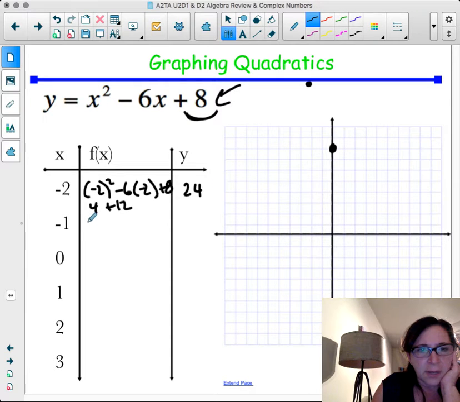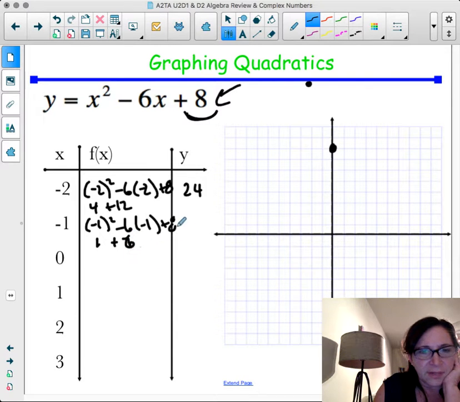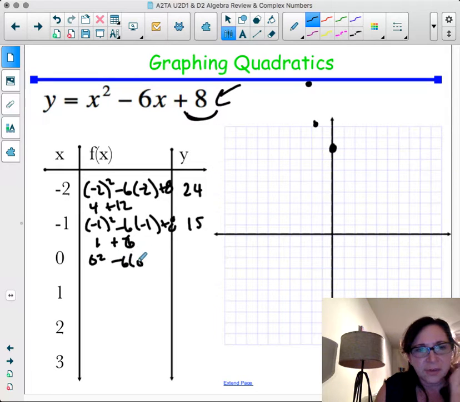Plugging in negative 1, we get negative 1 squared minus 6 times negative 1 plus 8. So we have 1 plus 6 is 7, and 7 plus 8 is 15. So at negative 1, we're at 15. At 0, we have 0 squared minus 6 times 0 plus 8. That's just 8.